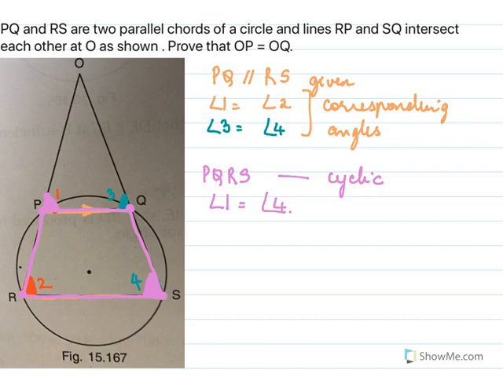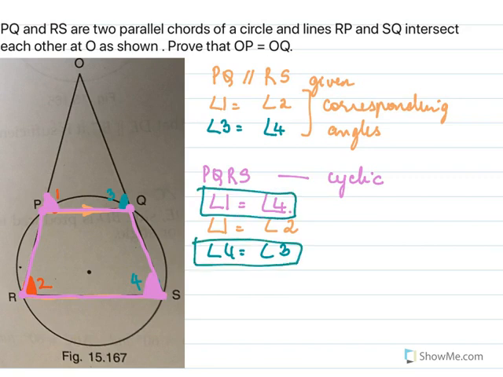But earlier we have already seen that angle 1 is also equal to angle 2, and angle 4 is also equal to angle 3. So if 1 is equal to 4 and 4 equal to 3, therefore I can say angle 3 equal to angle 1. If angle 3 equal to angle 1, OP equal to OQ, sides opposite equal angles.